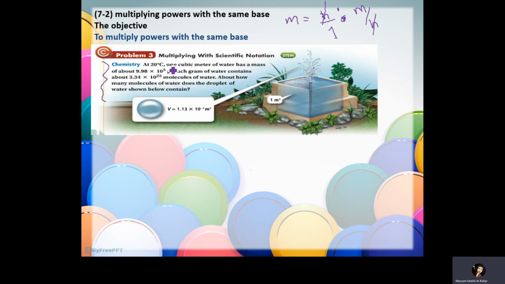Let's read, what do we need? Here, we need how many molecules of water the droplet of water shown below contains. So I need the molecules instead of m here. Let me write the molecules for you.